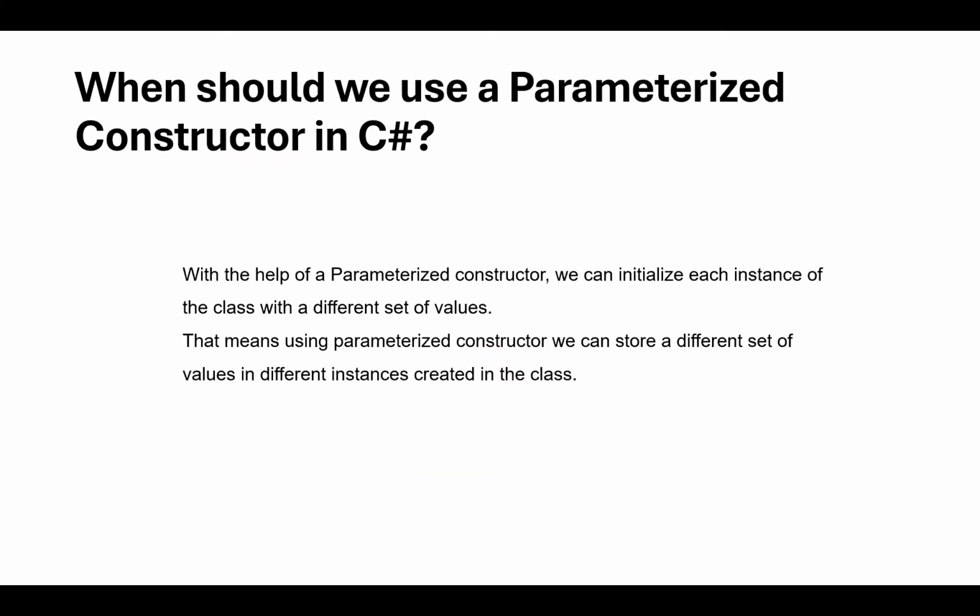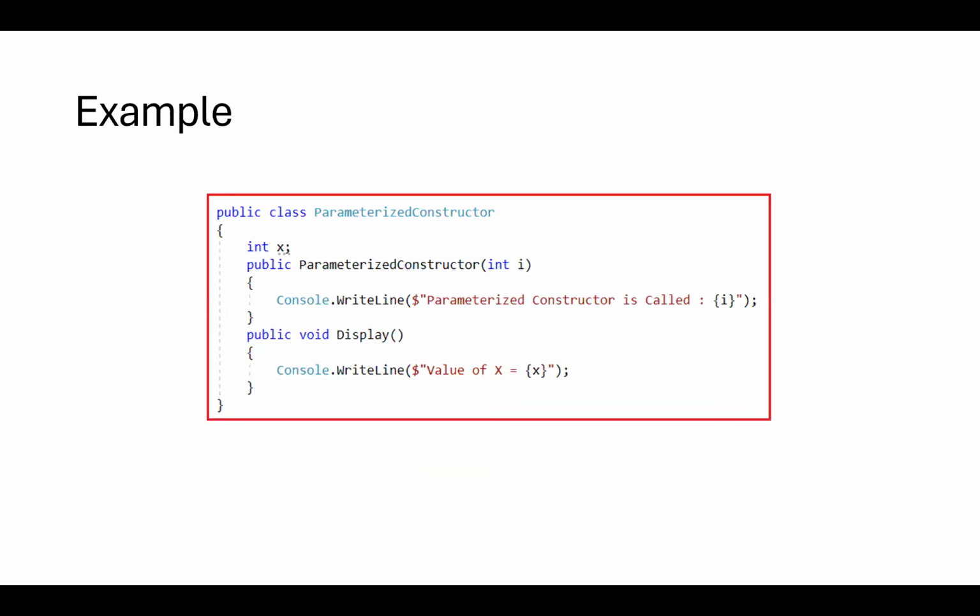The main question is when we should use this type of constructor with parameters. When you need customized initialization and to provide different values for different instances of your class. I show it.